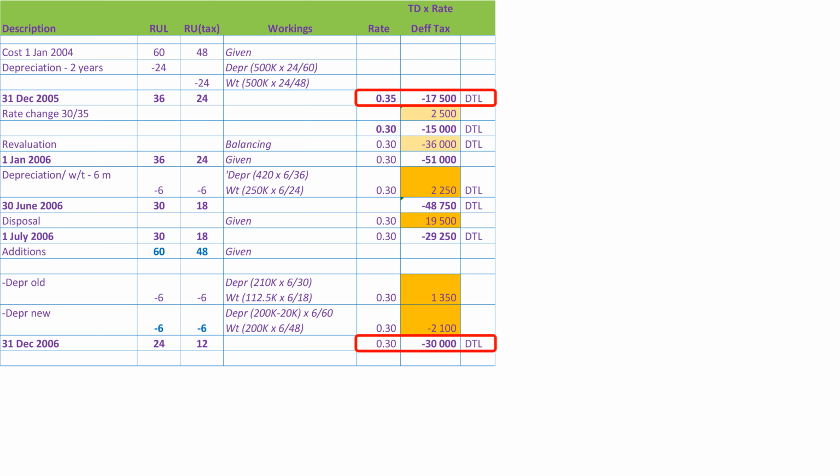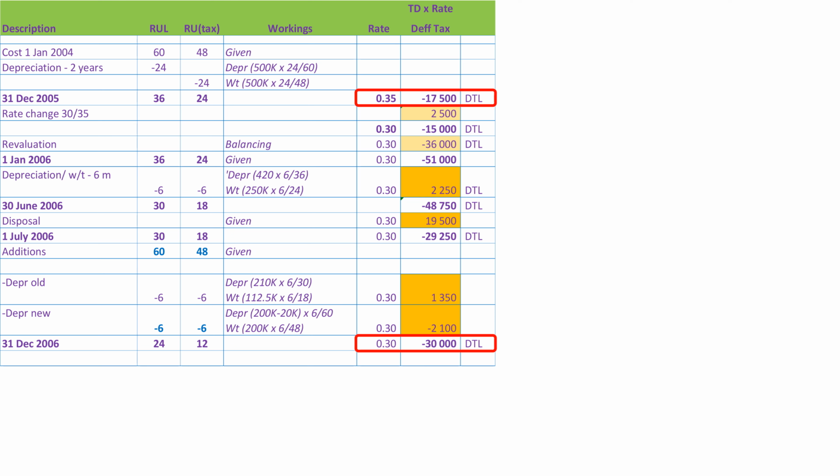So the balance that you need to disclose as at 31 December 05 will be 17,500 and not 15,000 rands. Remember that when you account for a rate change, the rate change movement is always accounted for in the new year.